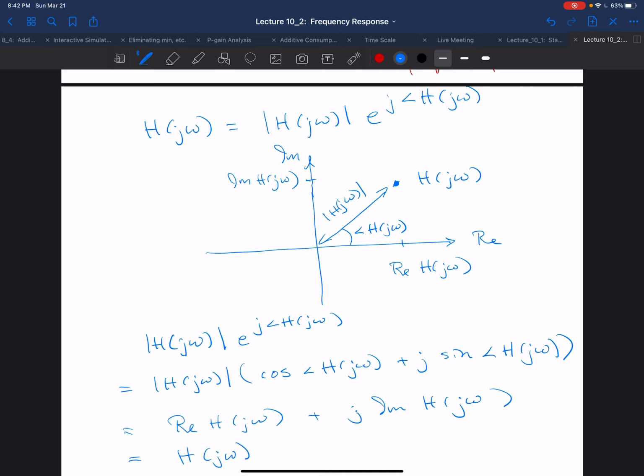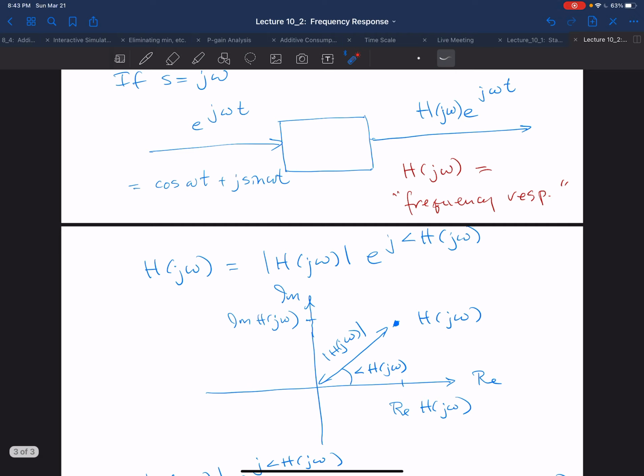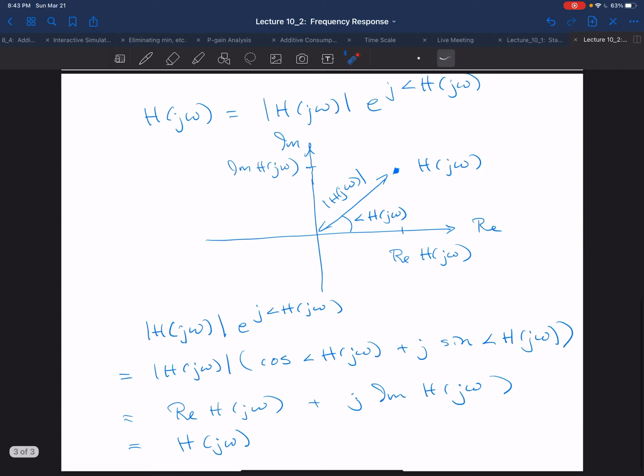Okay. So we can express H(jω) as its modulus times e to the power of j times its angle. So if we go back to the expression for our output, we feed in e to the jωt to our LTI system. What we get at the output is H(jω) times e to the jωt. We're now in a better position to see what this output looks like.